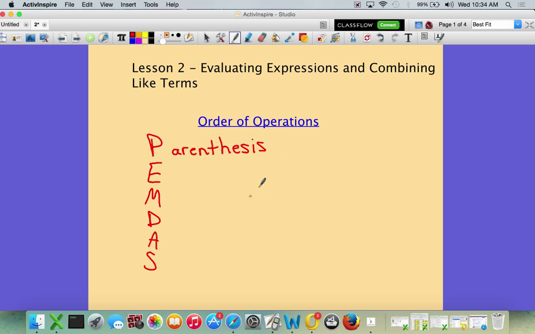Parentheses, as you know, can be those types of brackets, but we also have other sorts of brackets. We have box brackets, we have fancy brackets, or we can have something as simple as a fraction bar.